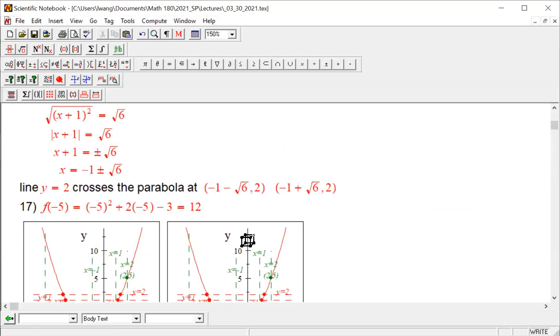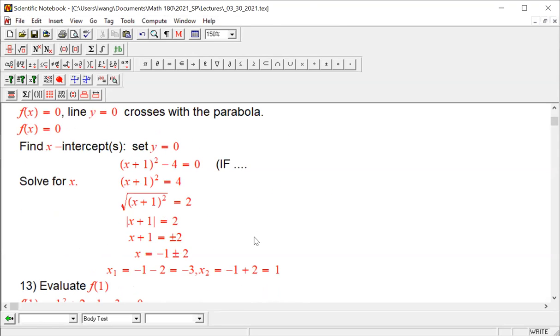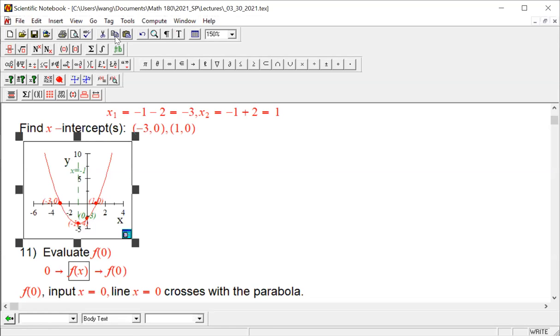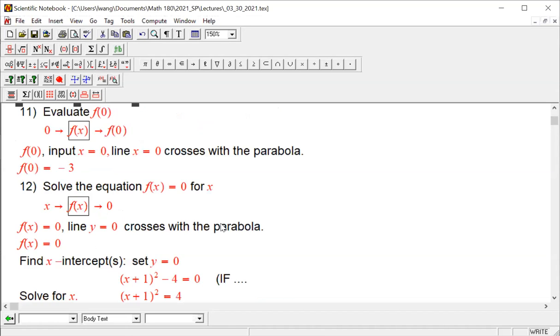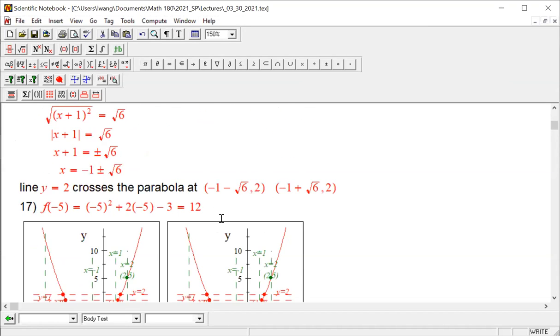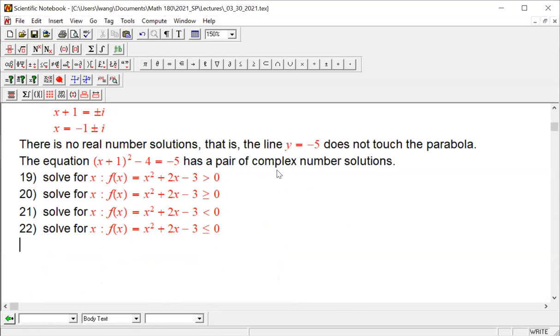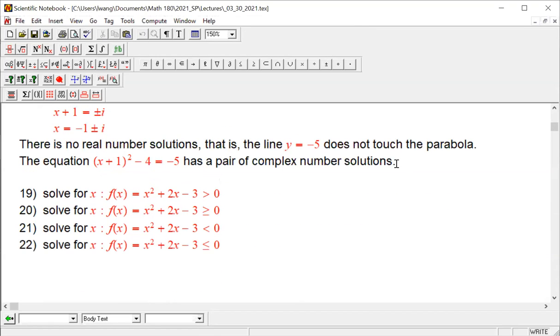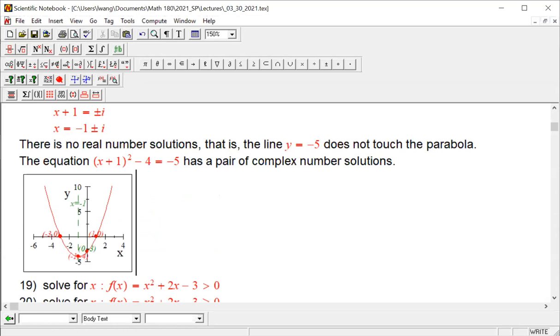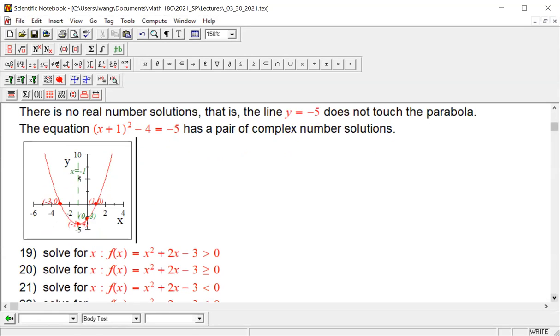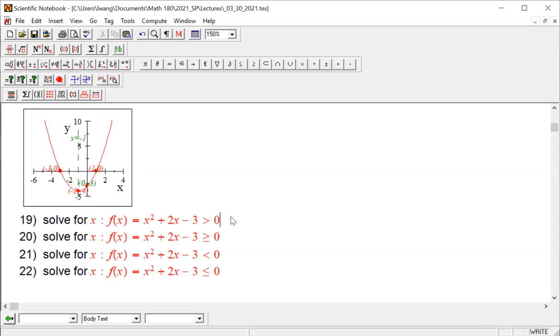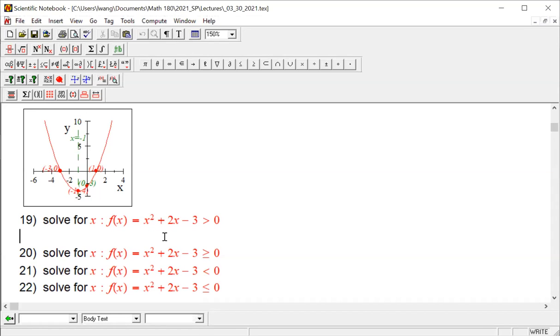Forgive me, I'm going to bring this picture back to us. What do they all mean? Question number 19 says, from the function's perspective, we're solving for x, so we don't know the input.